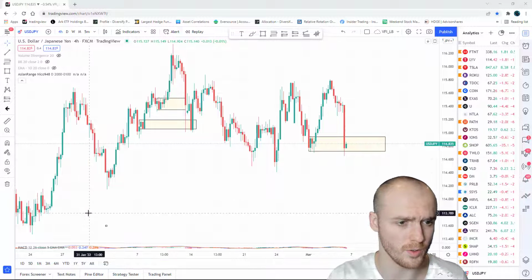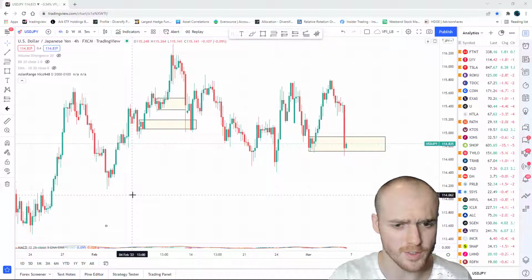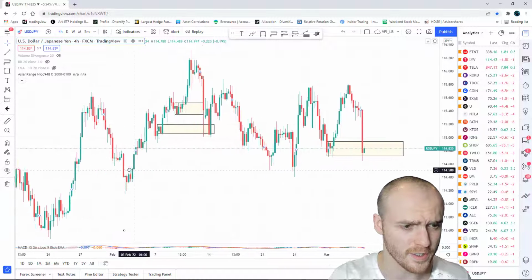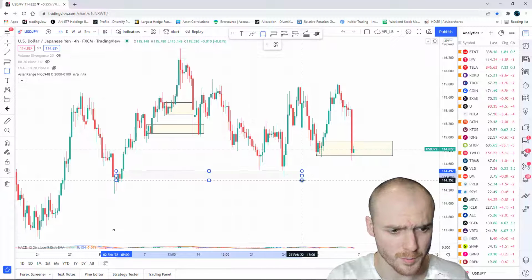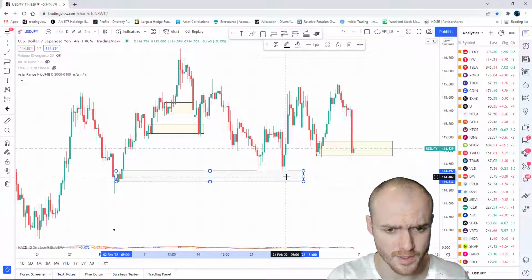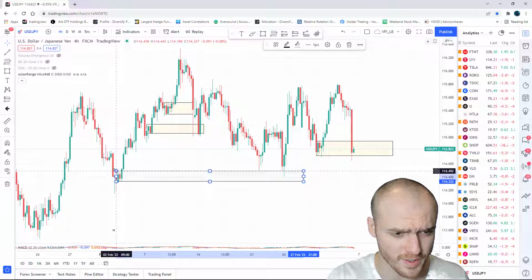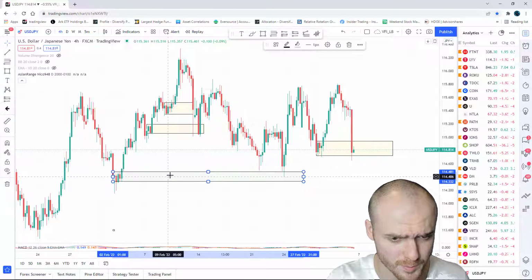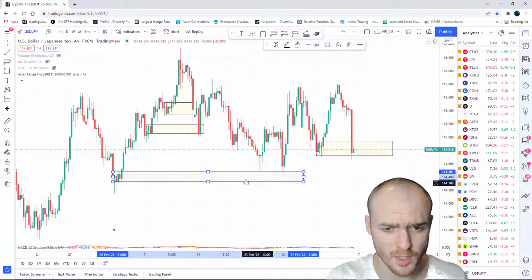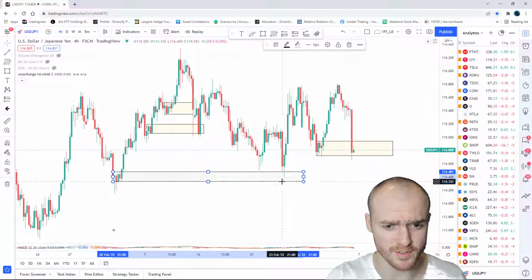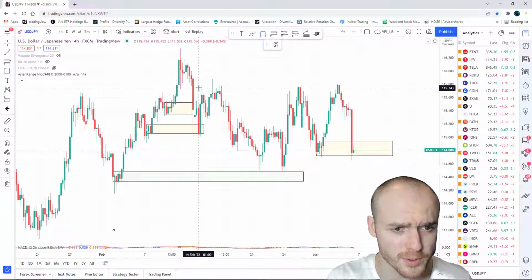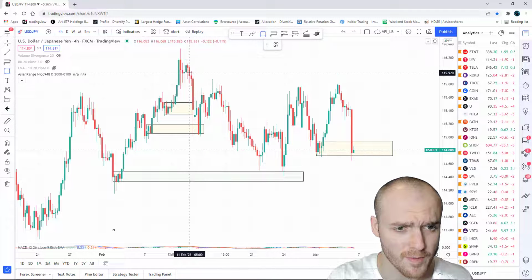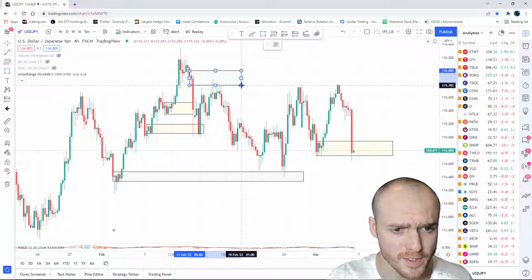Alright, so the first thing I noticed is this one right here worked beautifully. Price came right off of it, and I'm just going to adjust that slightly to be a little bit more accurate. Price rebounded very nicely off of this one. We see one over here on the short side. We have this breakout level right here.